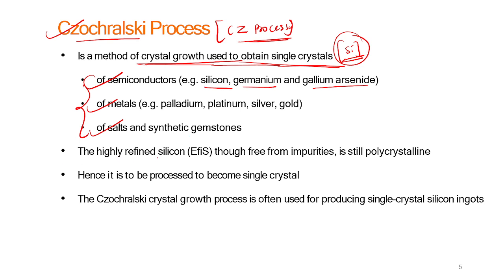So this is highly refined electronic grade silicon. I told you, in electronic grade silicon you are getting almost 100% silicon, but still it is polycrystalline. Polycrystalline means some impurities are there, in the byproduct of electronic grade silicon.